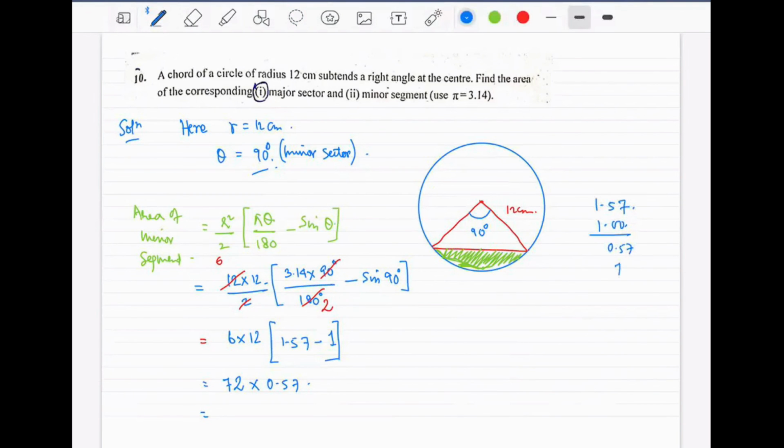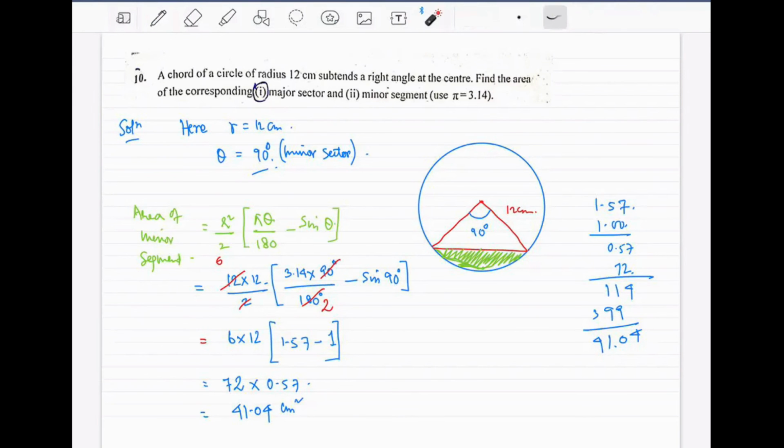Multiply this with 72. 2 sevens are 14. 2 fives are 10. 11. 7 sevens are 49. 7 fives are 35. So 4104. 2 decimals. So we have got 41.04. We are finding out area.